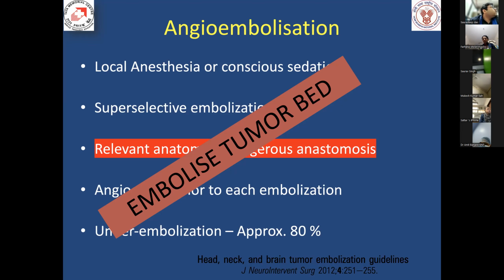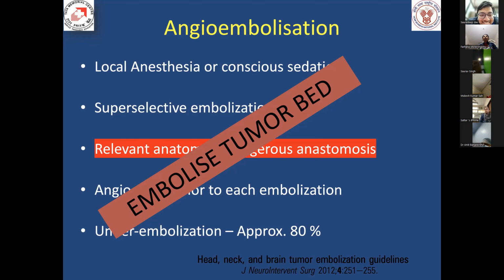So you ligate the external carotid artery, it will anastomose. Like I told, there is anastomosis between ICA and ECA. Now the tumor will start drawing blood from the ICA feeders. The tumor will start drawing blood from the contralateral ECA and the contralateral ICA. So instead of one straight artery, which we could have used to go and embolize, now it will start recruiting from many other arteries. So it's very important to understand this, rather than just blocking the main artery.